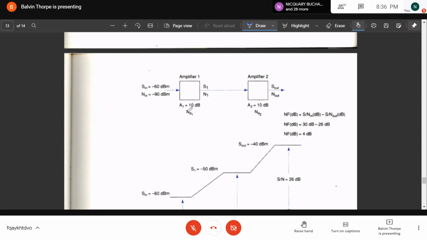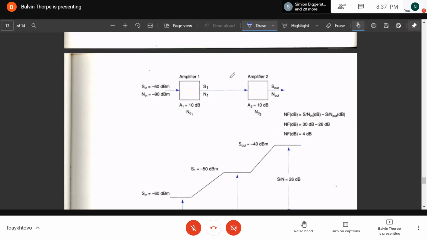And obviously, the signal to noise ratio at the output of amplifier 1 will be different from the signal to noise ratio at the input of amplifier 1, because the system has internal noise that will be added.